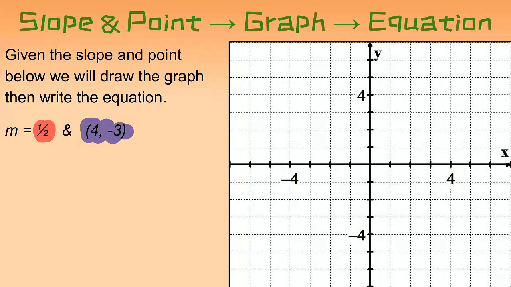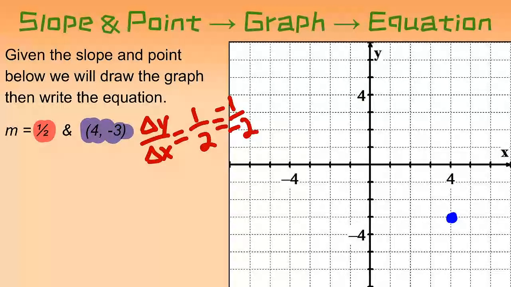Let's find out. So the point that we have is (4, -3). So right there, (4, -3). And the slope is 1/2. So that means our delta y over delta x is equal to 1 over 2. That can also equal negative 1 over negative 2. It's the same thing.